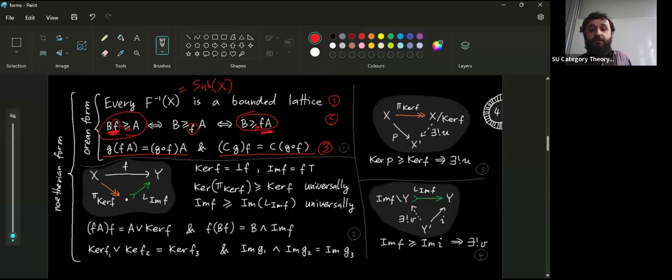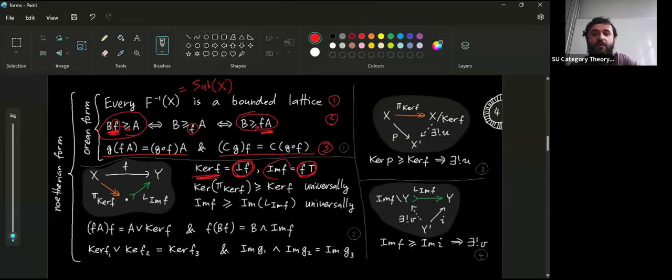You take its kernel. Well, the kernel can be defined as the inverse image of the bottom subgroup. You take its direct image, which can be defined as the direct image of the top subgroup. And notice already that inverse image and direct image become dual constructions because direct and inverse image are dual and top and bottom are dual. And then you turn them into morphisms.